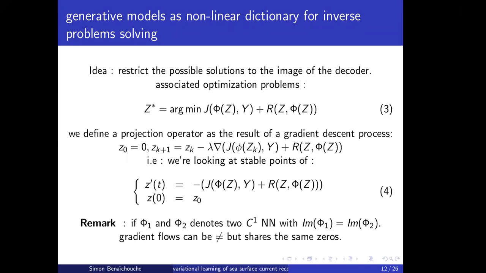For example, if I have two neural networks that parameterize the same images, is it possible to have different results? In fact, the answer is yes, but the gradient flows will share the same zeros. They share the same zeros because in the space of images, they have the same tangent planes. So it depends on the geometry of the manifold that is embedded by the neural network instead of the neural network itself.